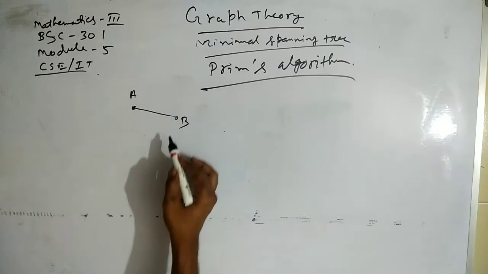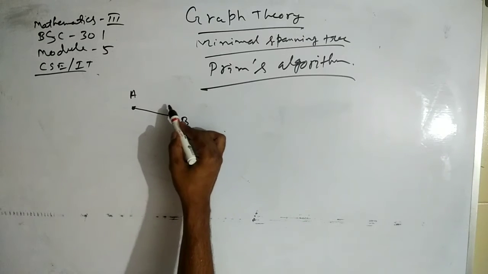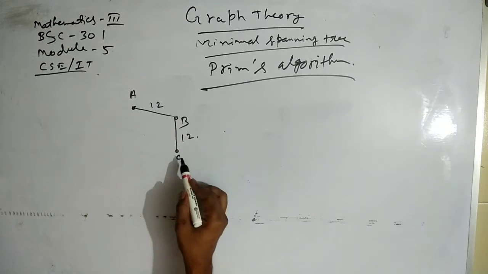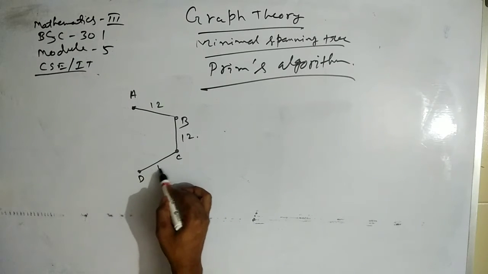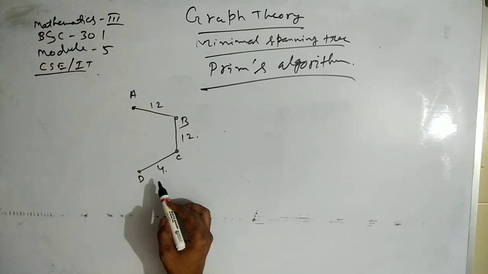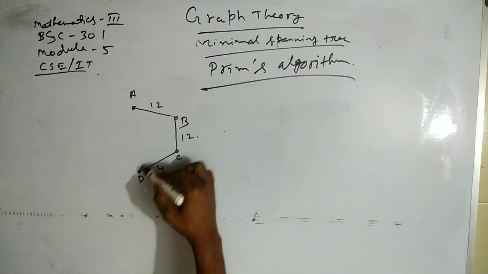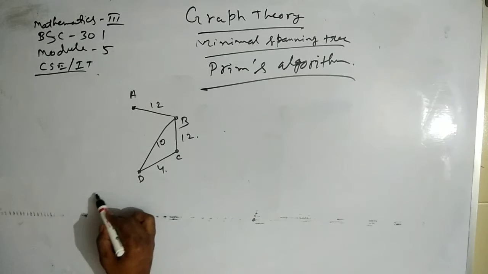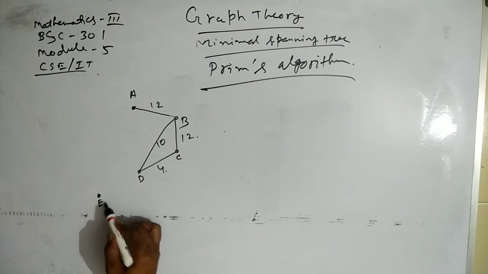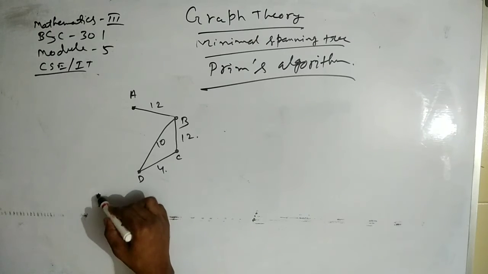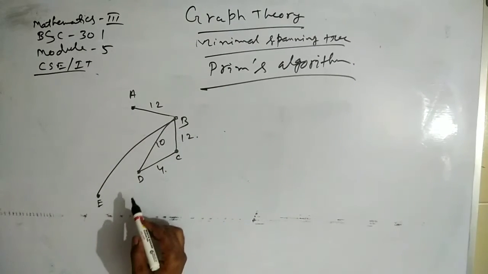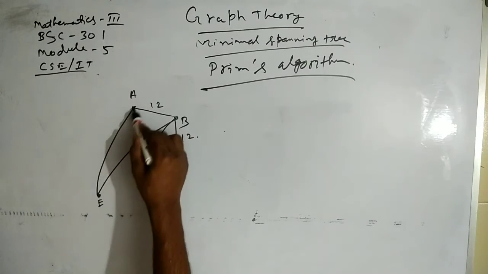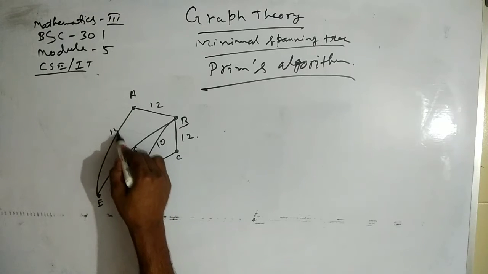Please draw the graph with me. AB, weight is 12. BC, weight is 12. CD, weight is 4. DB, weight is 10. And there is another vertex E. E is connected with B, weight is 6, and connected with A, weight is 14.